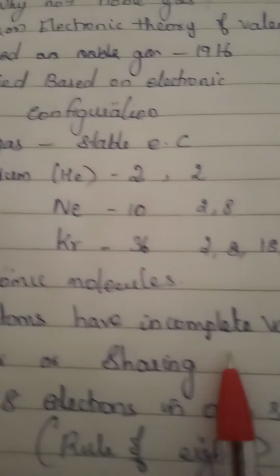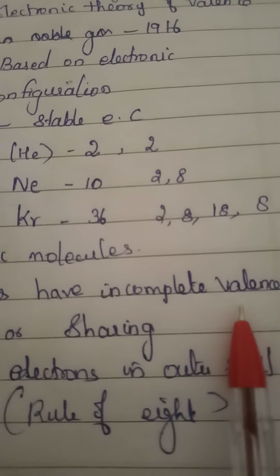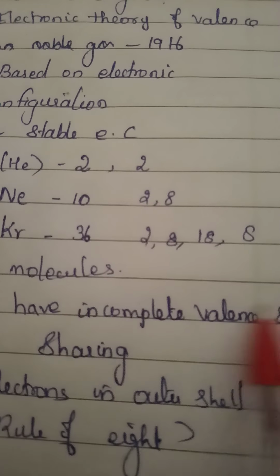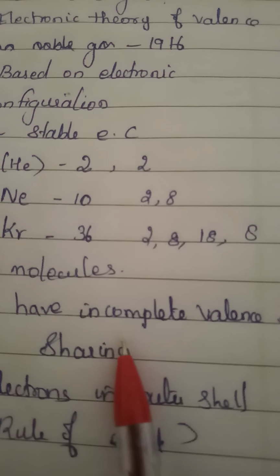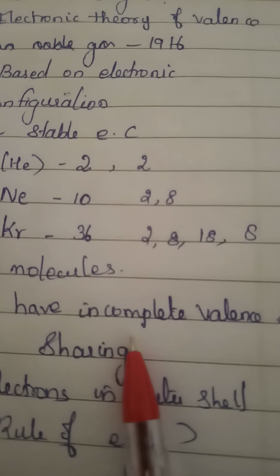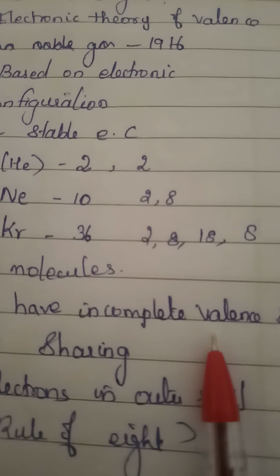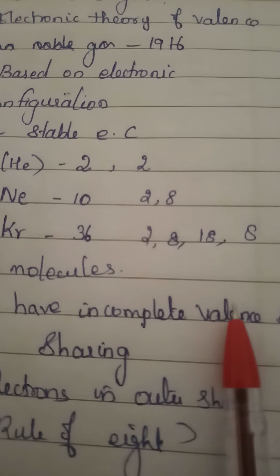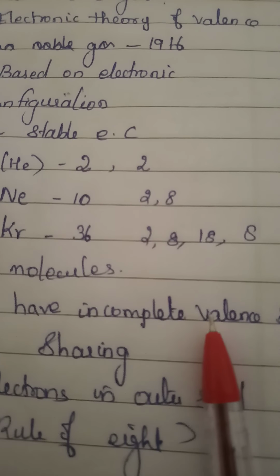Whereas other atoms have an incomplete valence shell. All other atoms, whether metals, metalloids, whatever they may be, have incomplete valency. They have incomplete valence electrons. That means they have less than 8 electrons. So they are found to be unstable, and they have to depend on other atoms to maintain their stability.